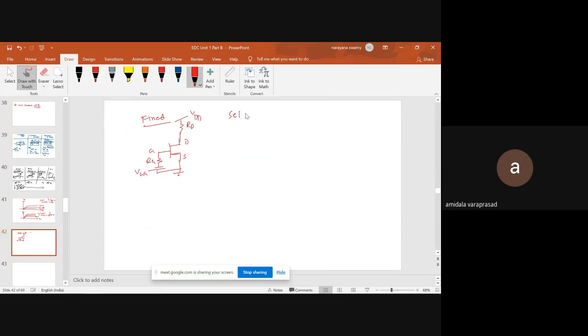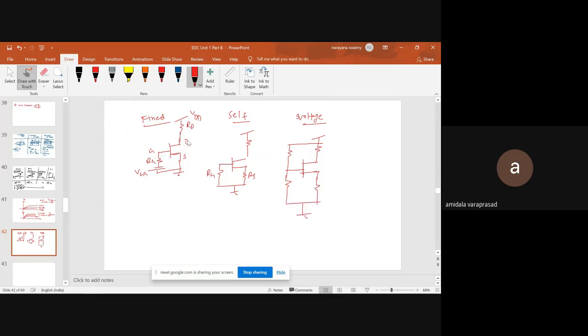For self bias, same RD, RG will be there. The self bias doesn't need VGG. Here it is RG and here RS will be. Then for voltage divider bias, it is similar to these.